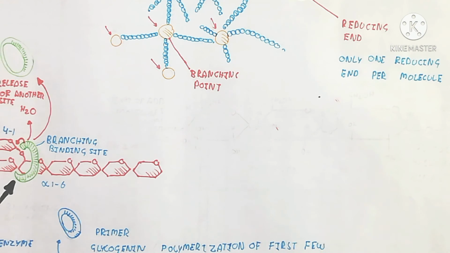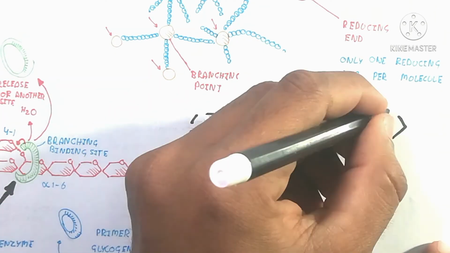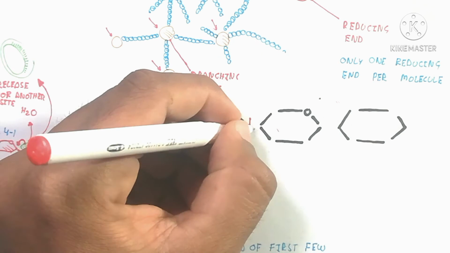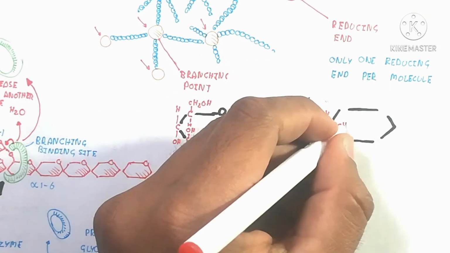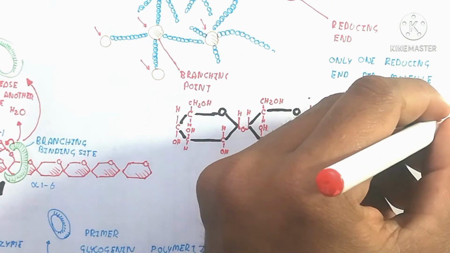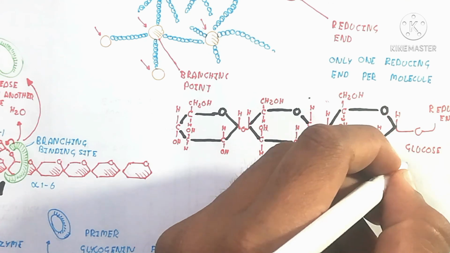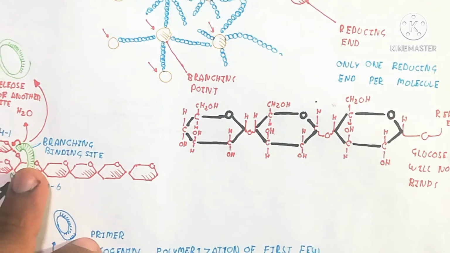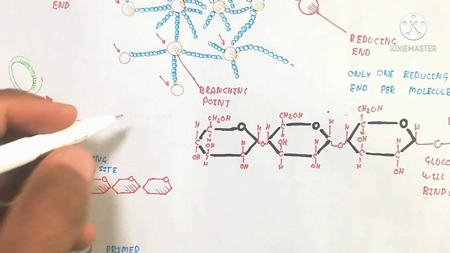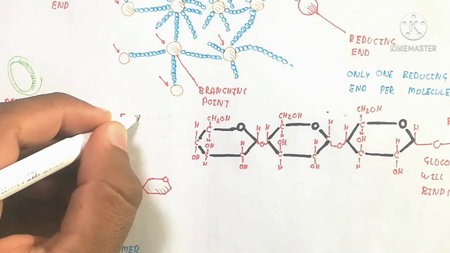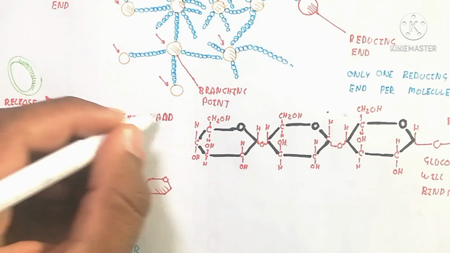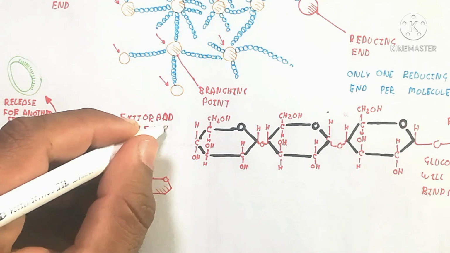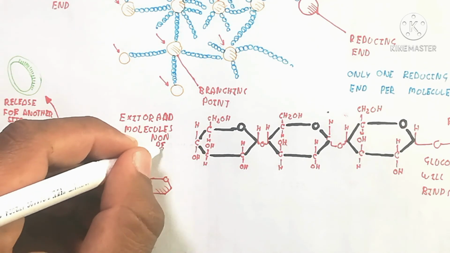Glycogen has a higher density and higher molecular weight, so it is known as a macromolecule, and it is known as a homopolysaccharide. Homo means same, poly means many units, saccharon means sugar. So here are the reducing end and the non-reducing end. Molecules are added at the non-reducing end because hydroxyl groups are present.